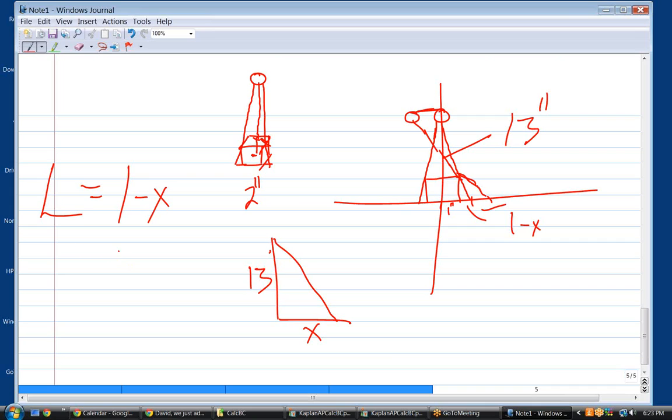Let's look at the two possible triangles here. Maybe that'll enlighten me. In other words, if the flashlight is in this position, directly over the left edge of the cube, then it only produces one shadow.